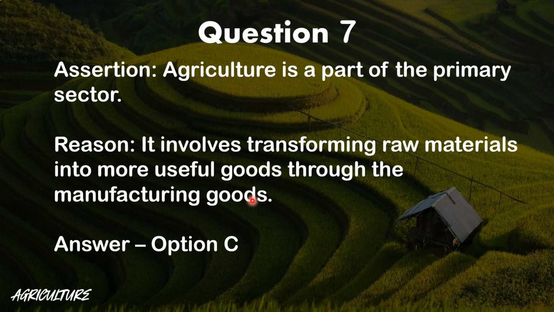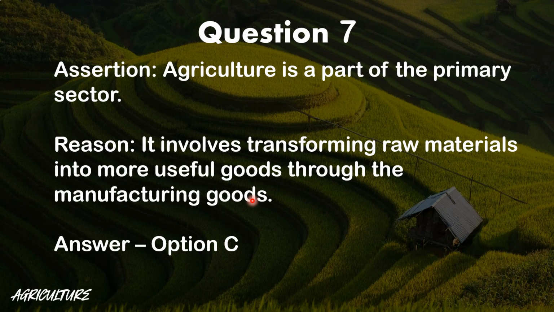So yes, agriculture is a part of the primary sector. This has some connection to economy lesson 2, sectors of economy. The primary sector involves activities that exploit nature, such as agriculture, fishing, and livestock and animal rearing. So agriculture is one of these primary activities.